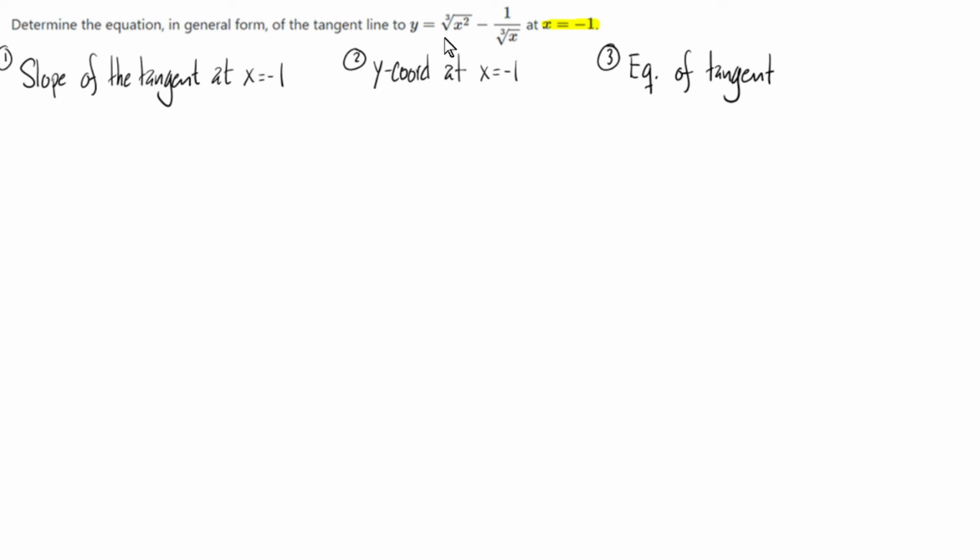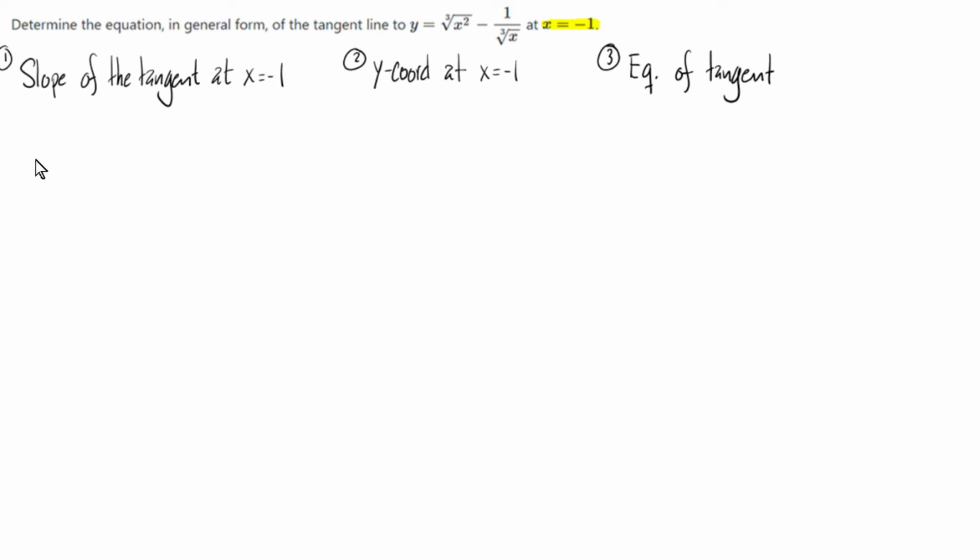So we need to differentiate this expression and then evaluate it at x equals negative 1. Because we're dealing with radicals and powers, and we have this radical in the denominator, we want to convert this to exponential form, and also eliminate this radical in the denominator.